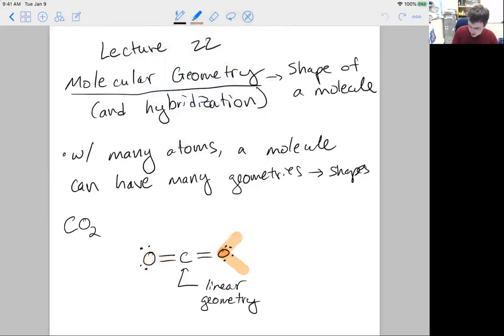But it turns out, and I'm going to say this several times, we can't see lone pairs of electrons. So oxygen's really only attached to one thing. And when you're only attached to one other atom, the other things that we can see, doesn't matter how many lone pairs that you have, no geometry. You need to be at least attached to 2 different things that can be visualized, 2 different atoms.